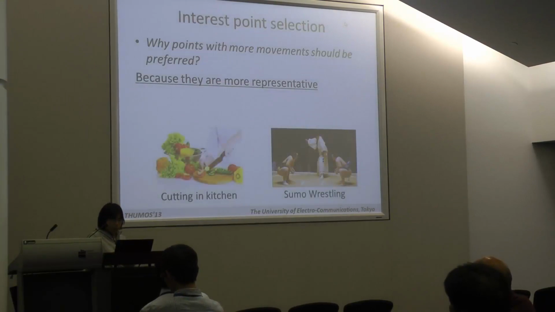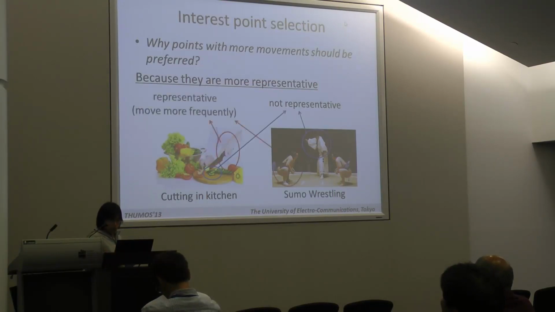For example, the materials in the cutting scene or the referee in the sumo wrestling scene also move to some extent, but they do not move as frequently as the main subjects in the sumo wrestling scene. So points with more movement are supposed to be more representative.